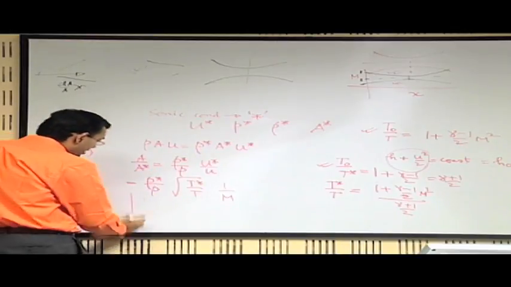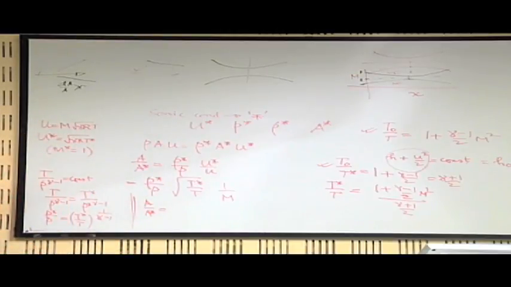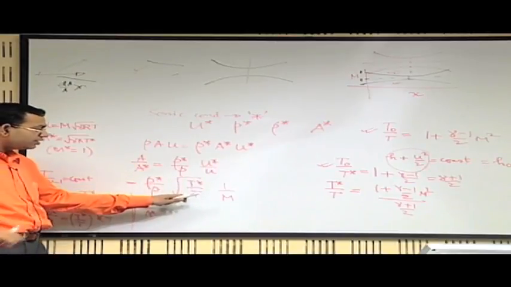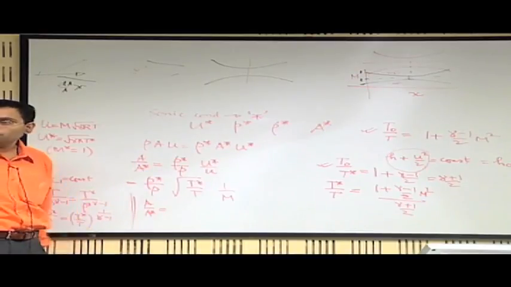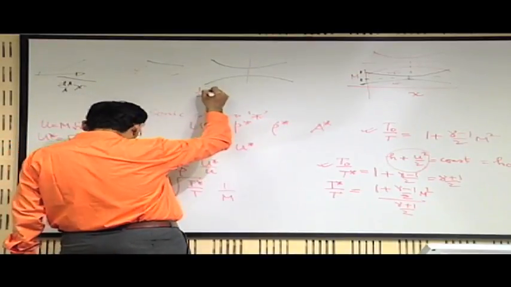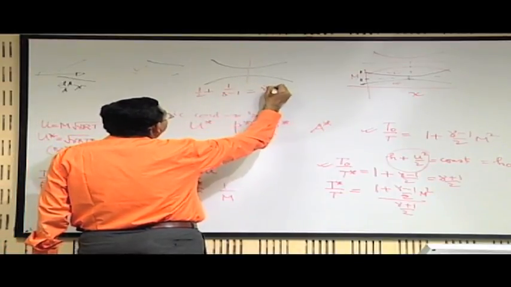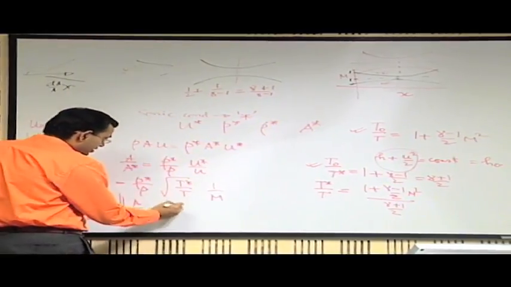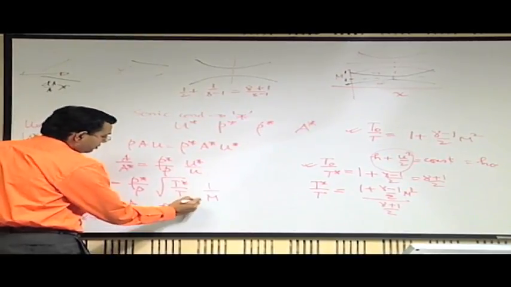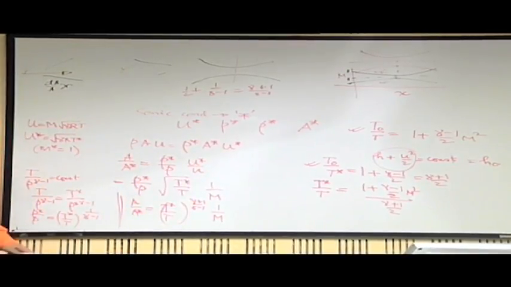So A by A star. You have T star by T to the power 1 by gamma minus 1 into T star by T to the power half. So T star by T to the power half plus 1 by gamma minus 1, so gamma plus 1 by 2 into gamma minus 1, right. So this is T star by T to the power of gamma plus 1 by 2 into gamma minus 1, into 1 by M, right.